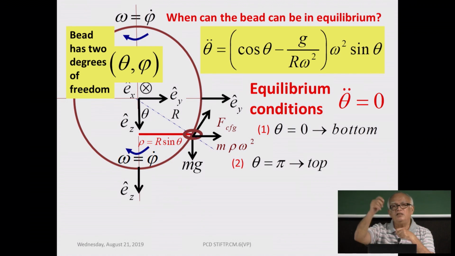So, these are the 2 points where the bead can be in equilibrium, but then we also discover that theta double dot can be 0 even when cos theta is equal to g over r omega square. For whatever value of theta and for whatever value of omega, if theta and omega are so adjusted, and that depends on the angular speed at which the hoop is rotated about this axis.